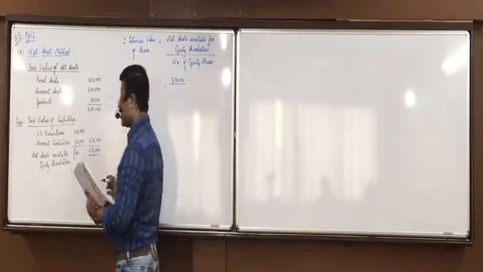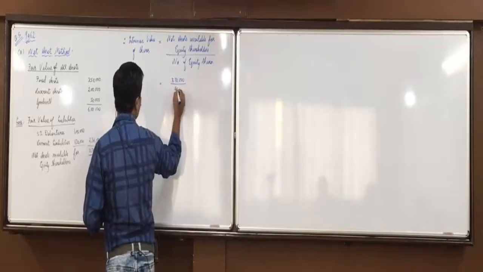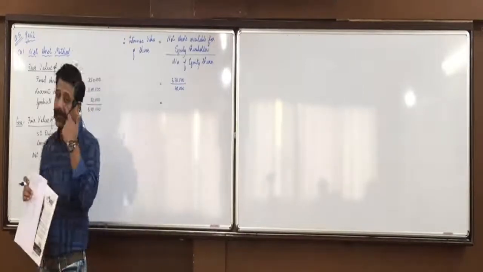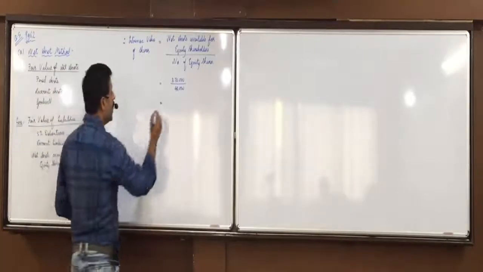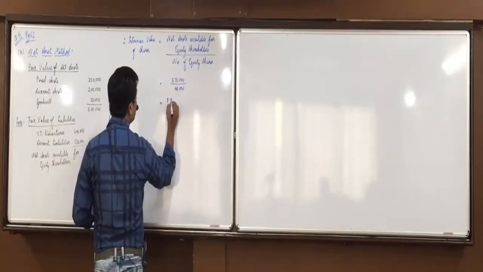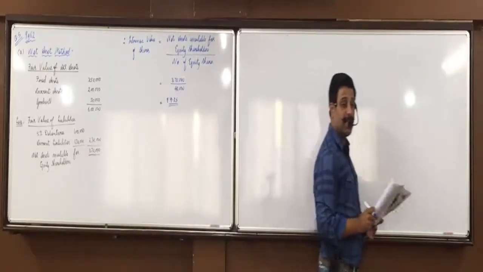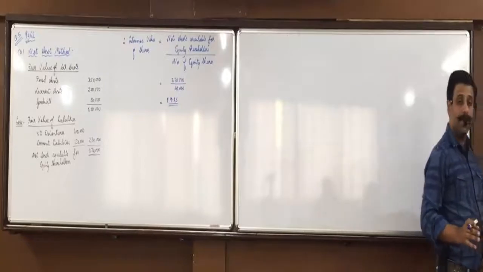Can you see 4 lakhs share capital is there? Face value is 10, so 4 lakhs divided by 10 would be 40,000 shares. Okay. 9.25. So everyone is clear with this? First method is the net assets method.